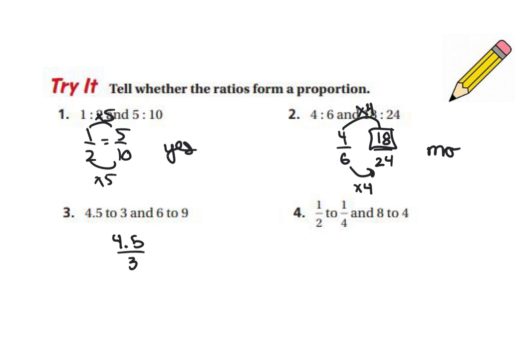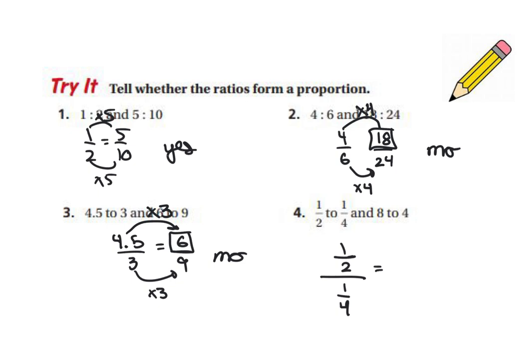4.5 to 3 and 6 to 9. 3 times 3 is 9. 4.5 times 3 is 13 and a half, and we have 6. So those do not form a proportion. Next, 1/2 to 1/4 and 8 to 4. 1/2 times 16 gives us 8.